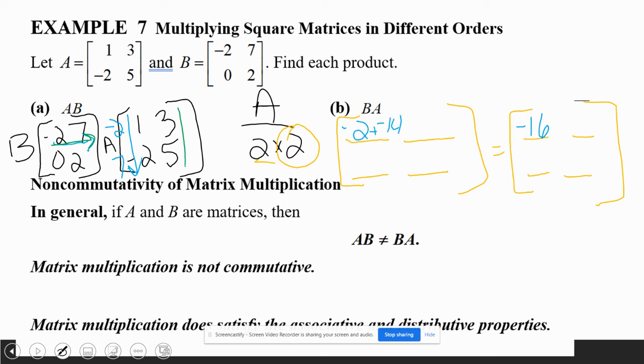First row, second column, so -2 and 7. 3 times -2 is -6. 5 times 7 is 35. -6 plus 35 is 29.